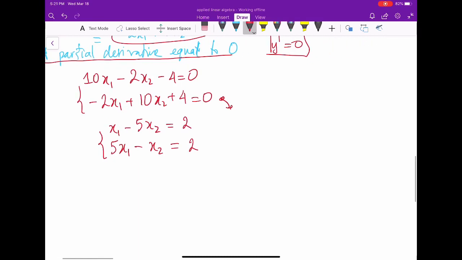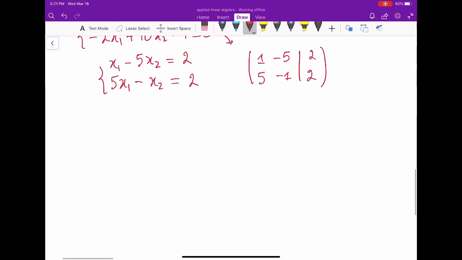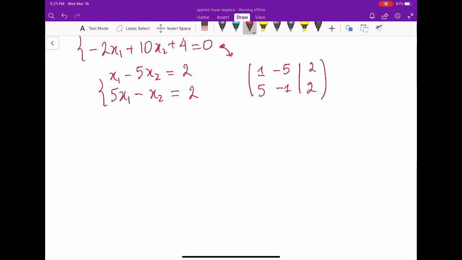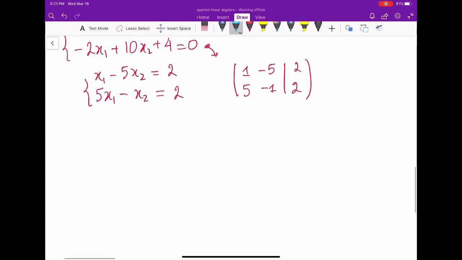Or if you write it in matrix form, that would be 1, negative 5, 5, negative 1, and here 2, 2. We know how to solve such a system, right? I hope so. So we multiply the first row by negative 5 and add to the second row.